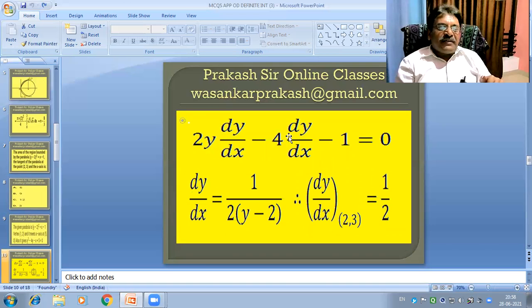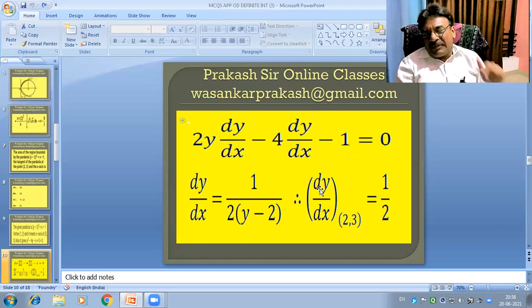Therefore, from this we find dy/dx. Taking dy/dx common, we get (2y - 4) dy/dx = 1, and taking 2 common, dy/dx = 1 / (2(y - 2)).